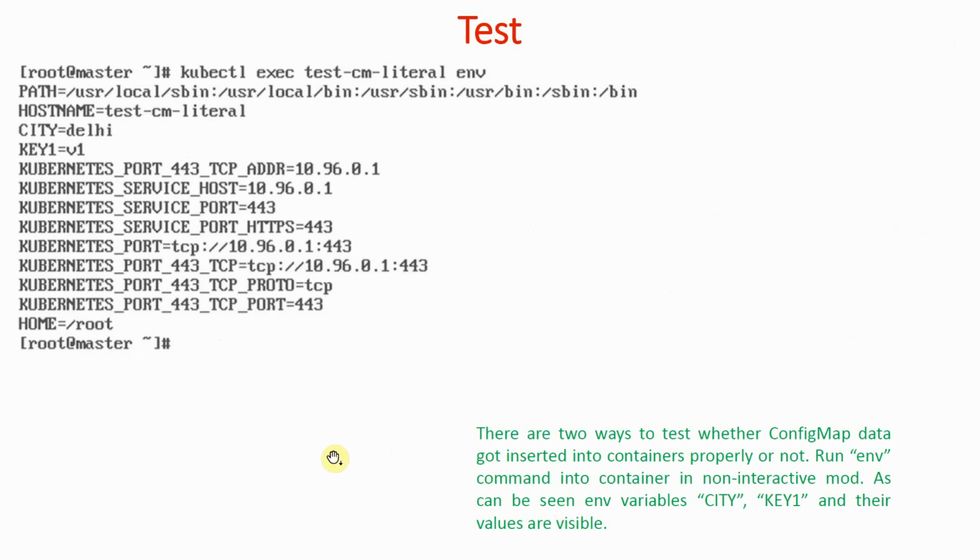That means there are two ways to test whether config map data got inserted into the container properly or not. One is to run the env command in the container in non-interactive mode, that means we are just running the command. Second is we enter into that container and then run this command. As can be seen, environment variables CITY and KEY1 and their values are visible.